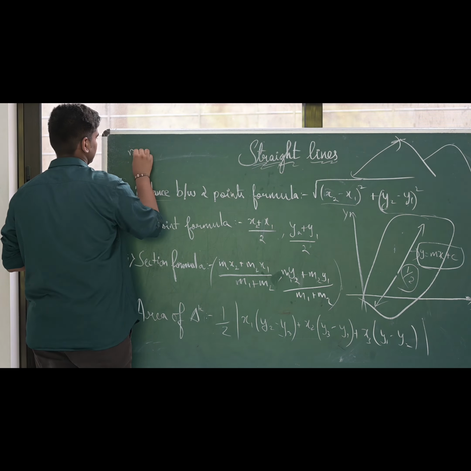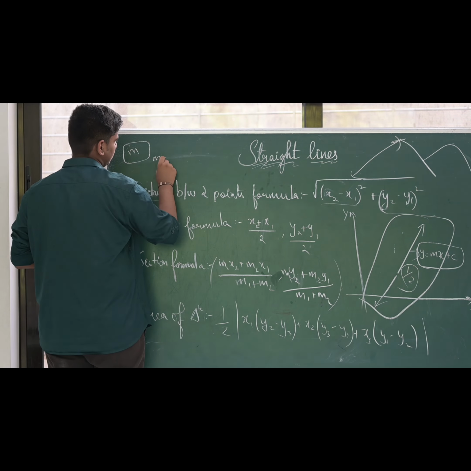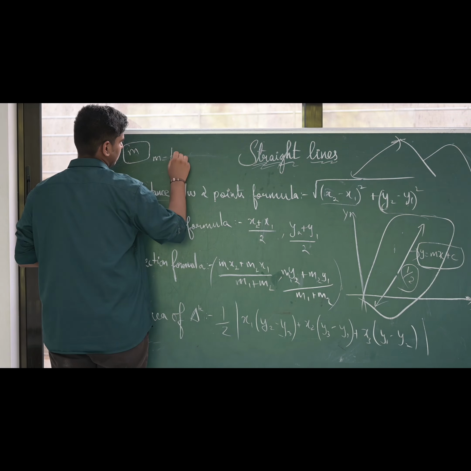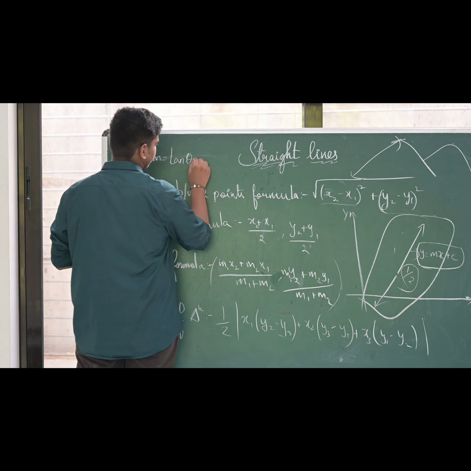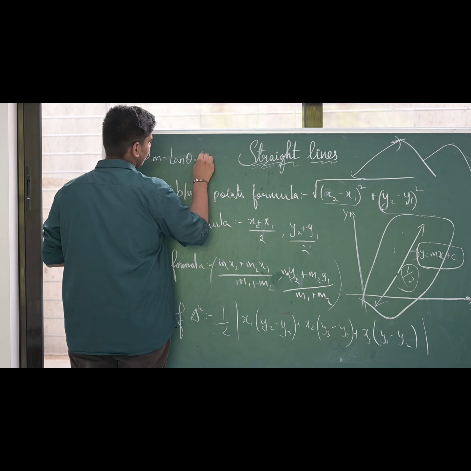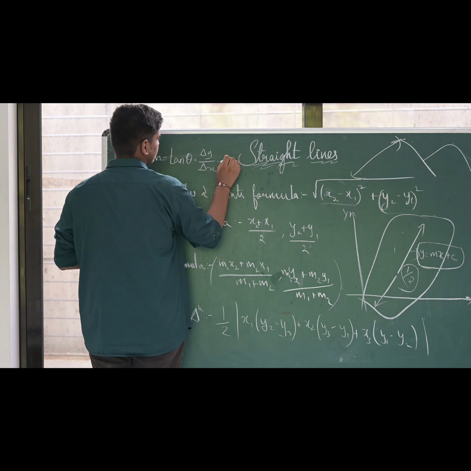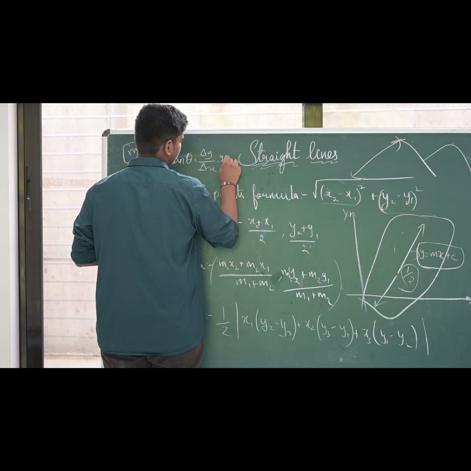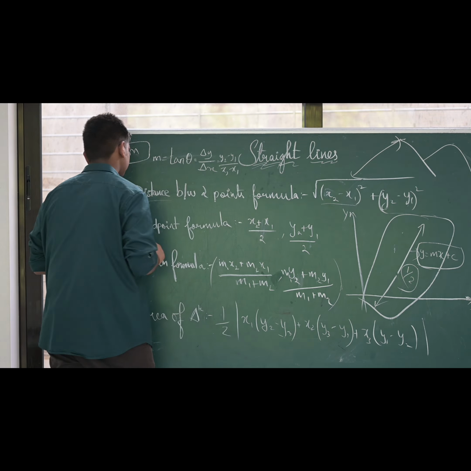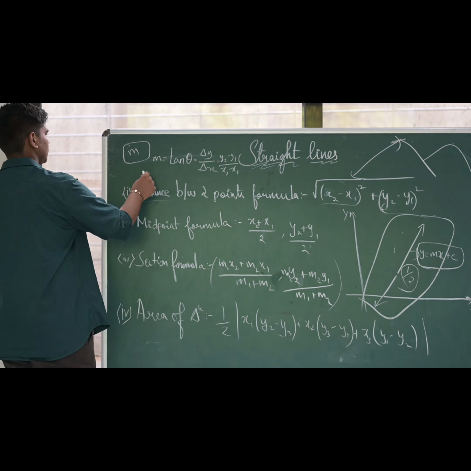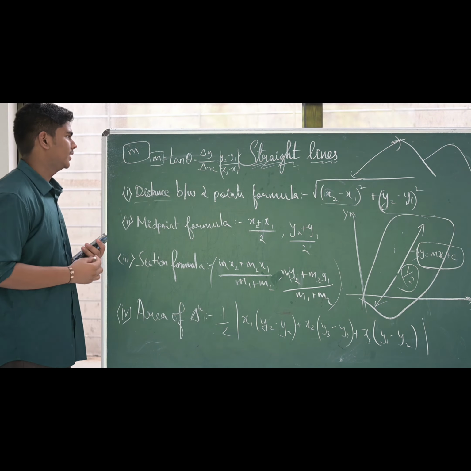Slope is usually denoted by m. m is equal to tan theta is equal to delta y by delta x is equal to (y2 minus y1) by (x2 minus x1). What is formula for a slope? m is equal to (y2 minus y1) by (x2 minus x1).